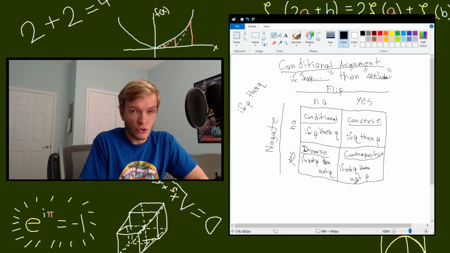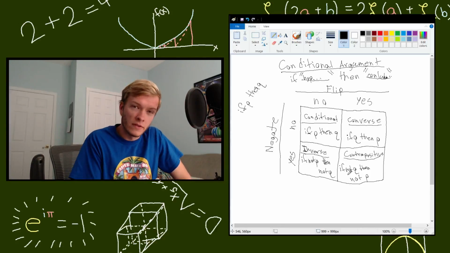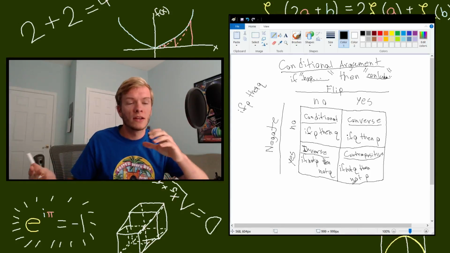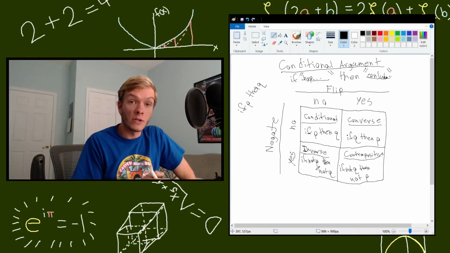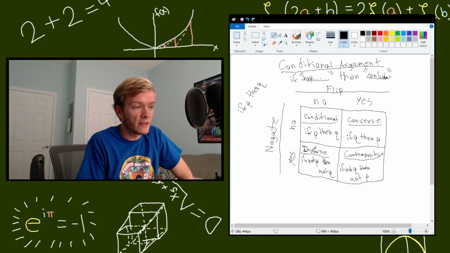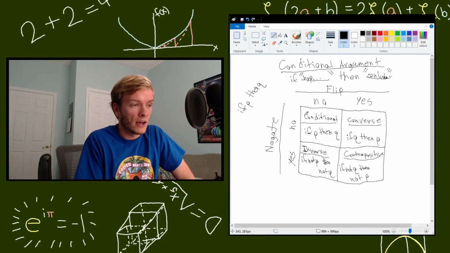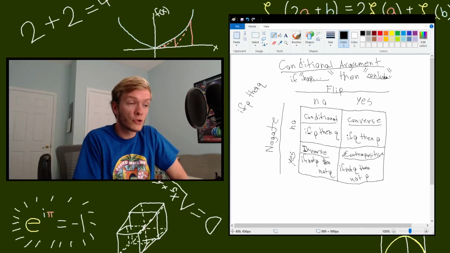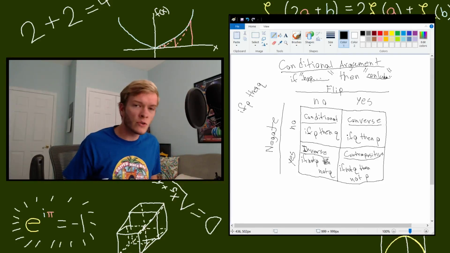So this is true. What you'll find is that the diagonals of this table are always true at the same time, and always false at the same time. So if the inverse is false, then the converse is false. If the conditional is true, then the contrapositive is true. That showed up in our example, but let's do a couple more examples.